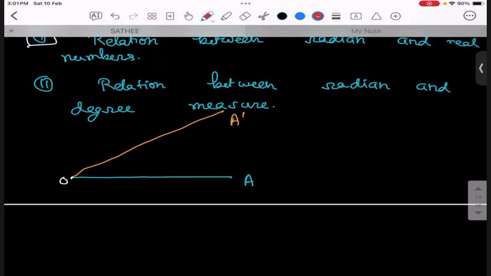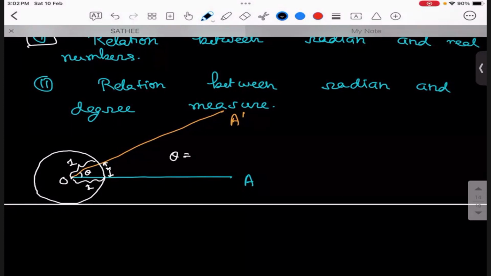Now we have discussed that if we draw a circle of radius 1 around this vertex O, this length will be 1 and this length will be 1. Whatever the arc length will be, we say this angle theta equals x radian.